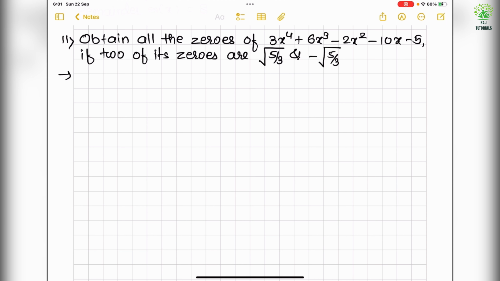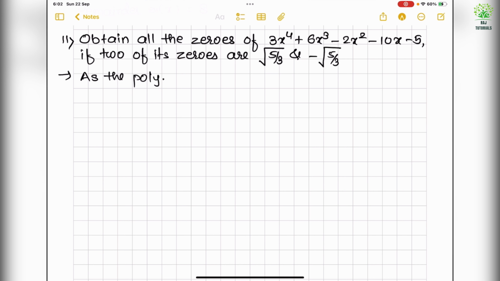Next question says obtain all the zeros of polynomial 3x raised to 4 plus 6x cube minus 2x square minus 10x minus 5 if two of its zeros are square root of 5 by 3 and minus square root of 5 by 3.